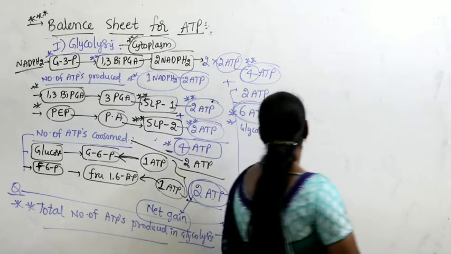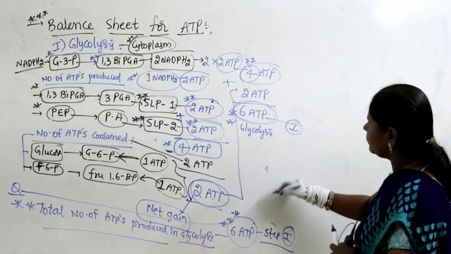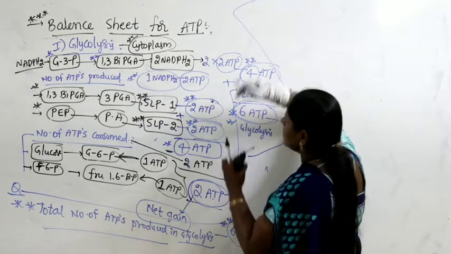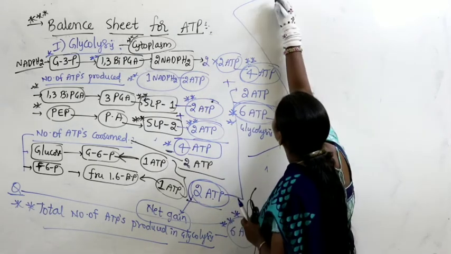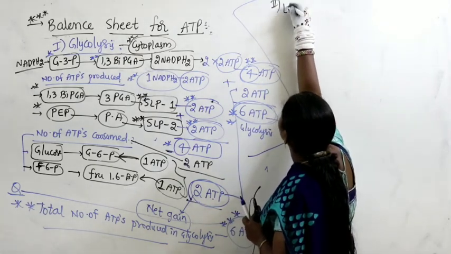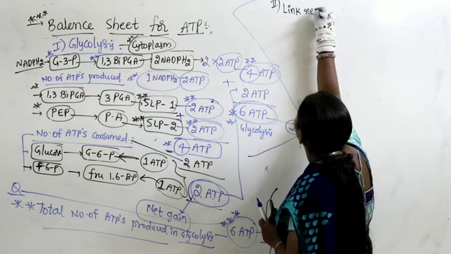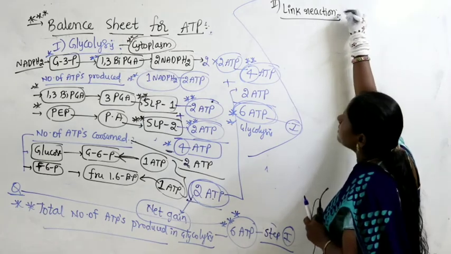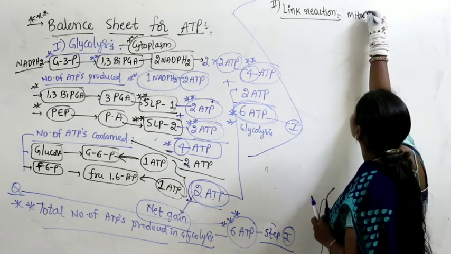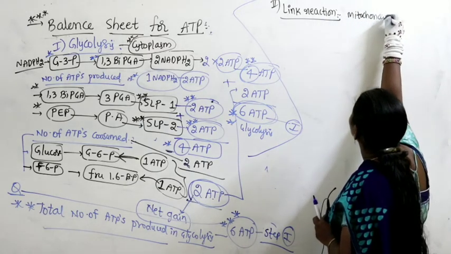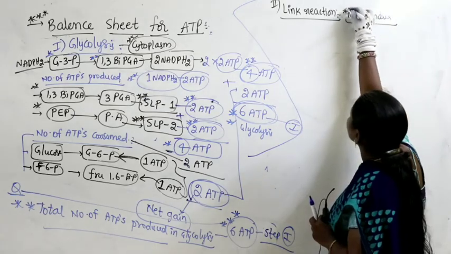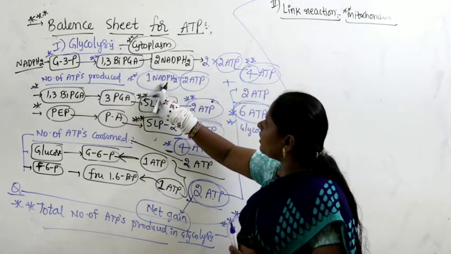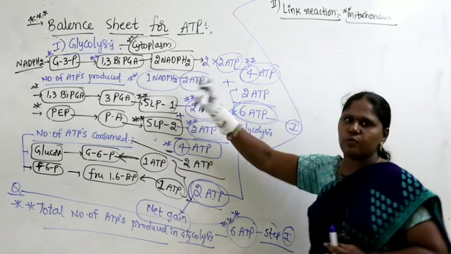Now let us go with link reaction. The next one is link reaction. Step number 2 is the link reaction. Now in link reaction, you know that link reaction happens in mitochondria. Here glycolysis happens in cytoplasm, that is why 1 NADPH2 we have taken contribution of 2.